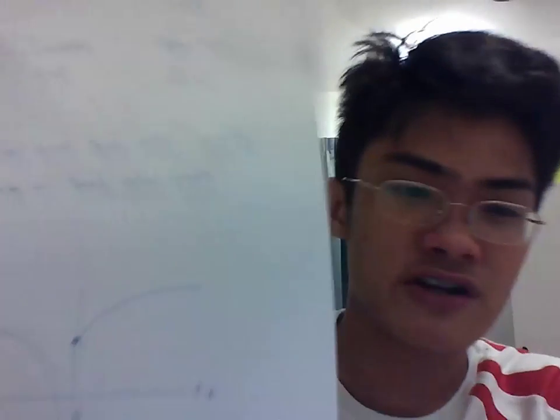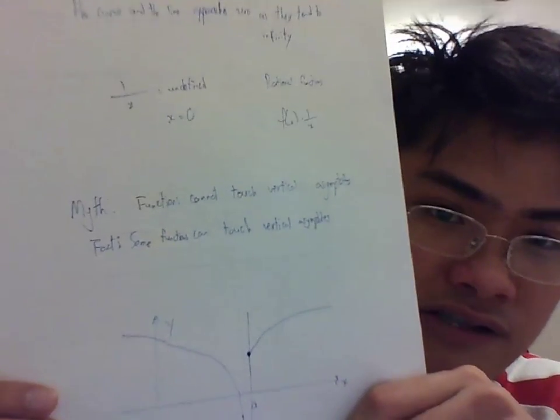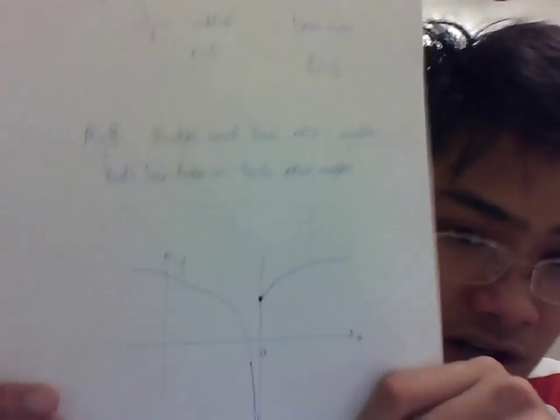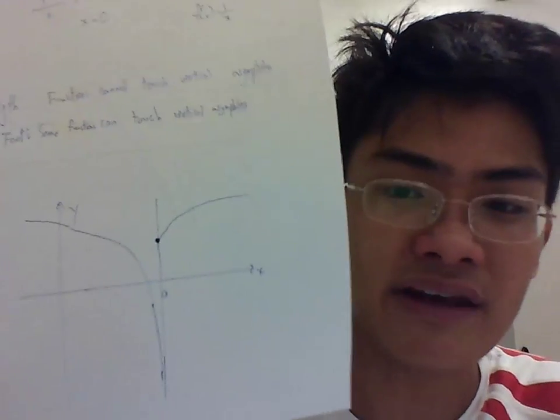Here's the key point: as they approach infinity. However, during that process of going to infinity, it can cross the asymptote, even horizontal ones, for example, this function here. So the myth is functions cannot touch vertical asymptotes, but some functions can, because this happens in a piecewise function.